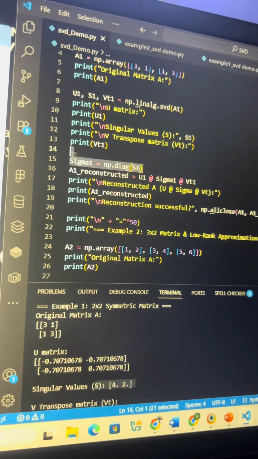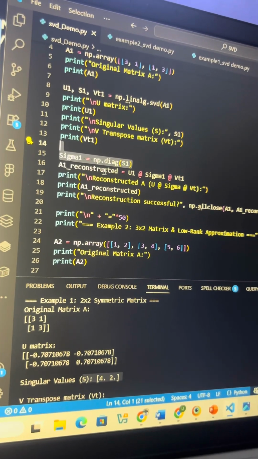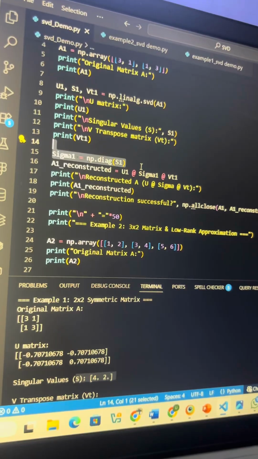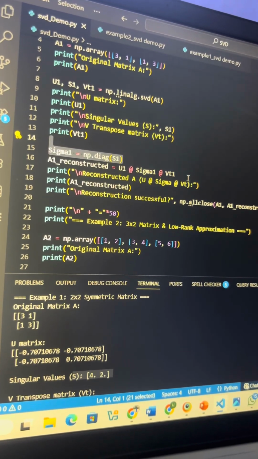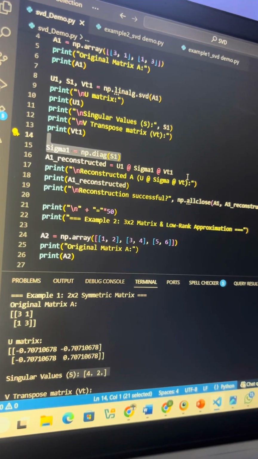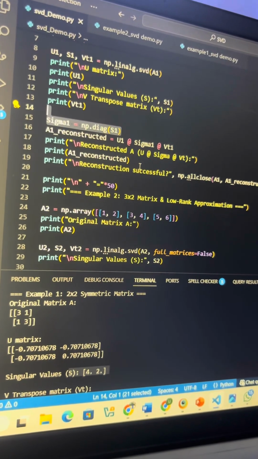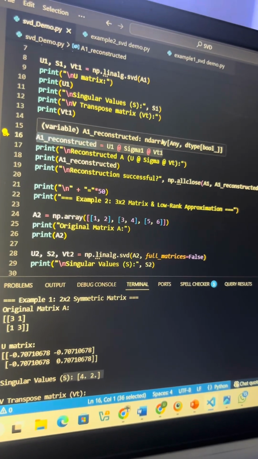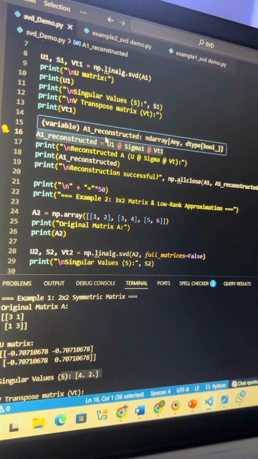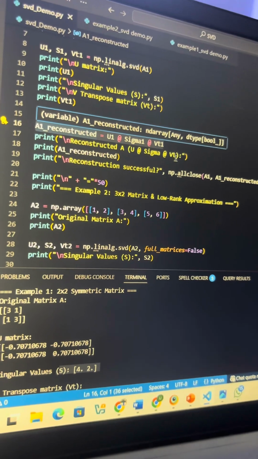Here you can see that this function gives us the singular values as a simple list, 4, 2. We need to convert this into a proper diagonal matrix for multiplication. And in this code, we put the pieces back together, U times sigma times V transpose.